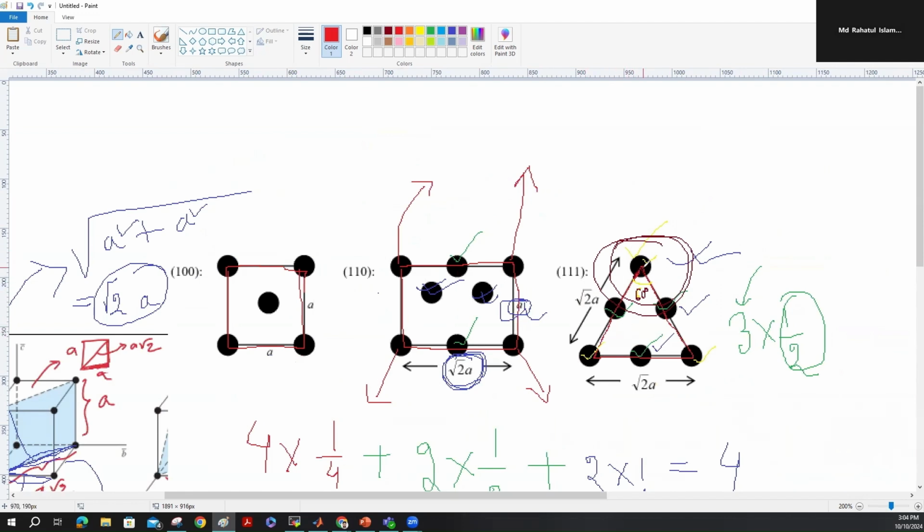So how many of these kind of atoms are there inside this plane? Let us count: this one, and this one. So three.